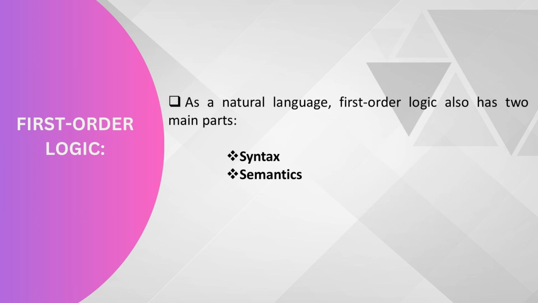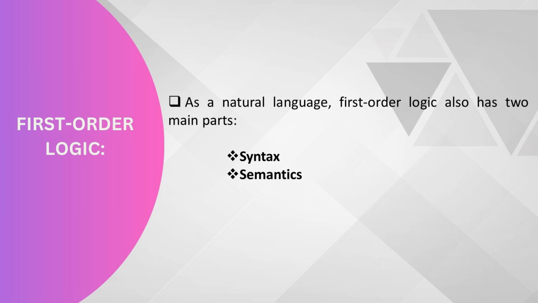First order logic, like natural language, is composed of two fundamental components that govern its structure and meaning. Syntax refers to the set of rules that dictate how symbols and symbol combinations can be structured to form valid expressions or sentences in a language.